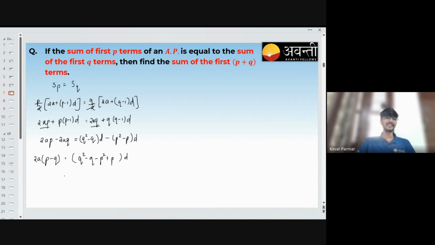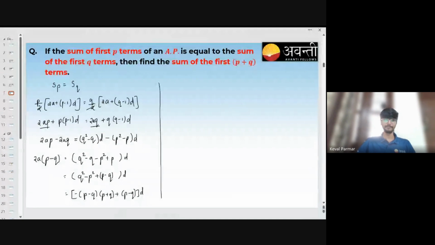Now on the right hand side, see, I can factorize it. I'll group Q square minus P square plus P minus Q. So I can write Q square minus P square, and taking minus common from the rest, P minus Q becomes minus. So I'll get P minus Q into P plus Q plus P minus Q into D. Now I can take P minus Q common.